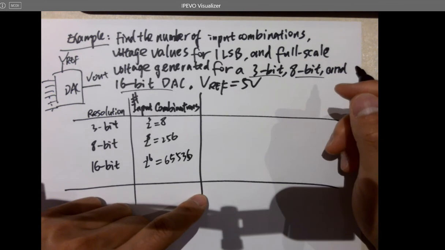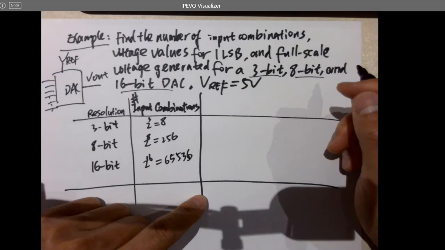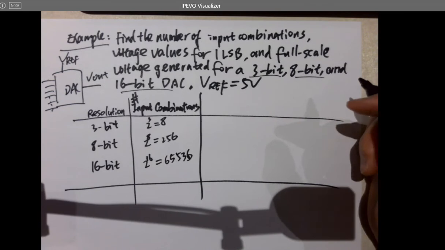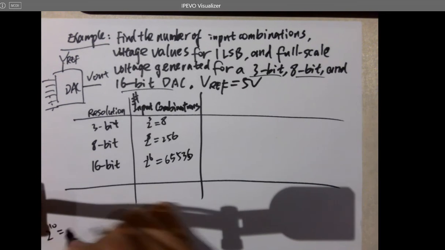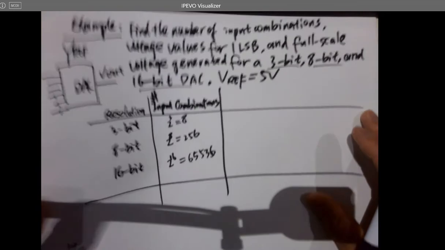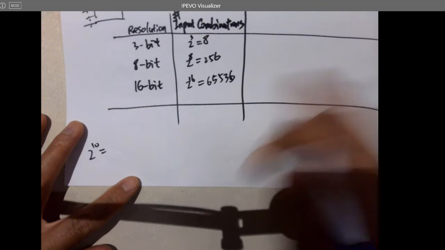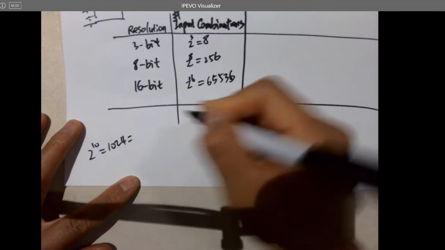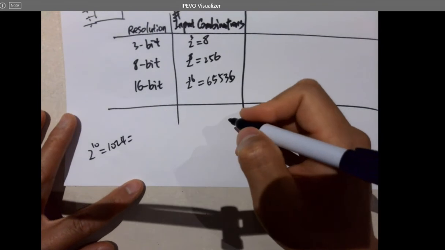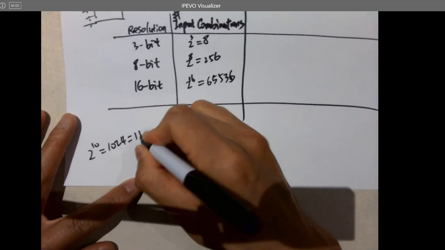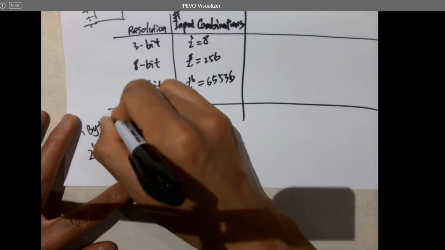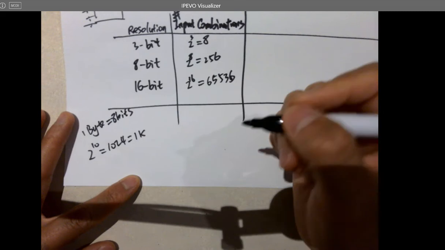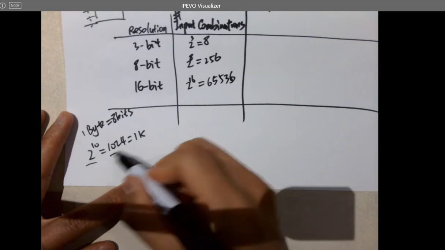So what about 2 to the 20th? It's actually easy. So 2 to the 10th is what? Remember in digital, I don't know if I covered that, but 2 to the 10th is 1024. It's also called 1K. 1 byte is 8 bits. This is 1K.